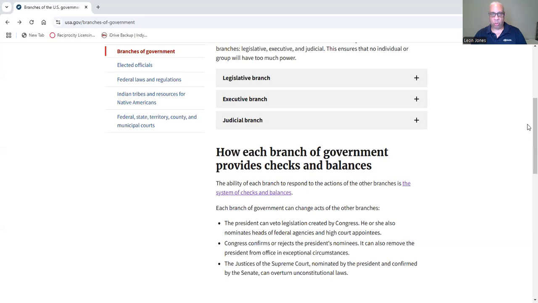In other words, the government works just like a corporation. Now remember something, we're not a democracy, we are a republic.